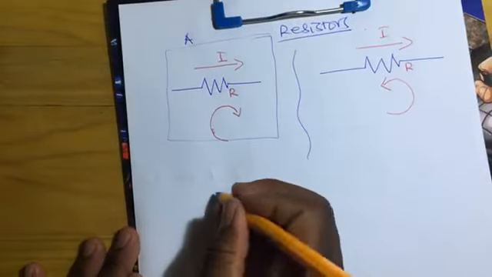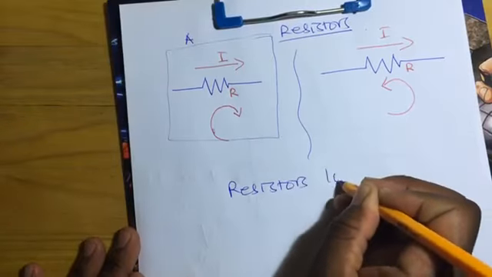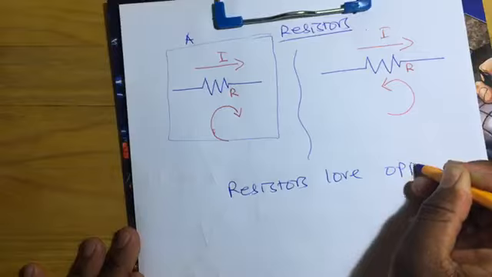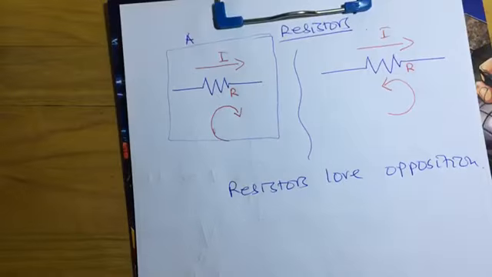The mnemonic that we used was resistors love opposition. Okay?